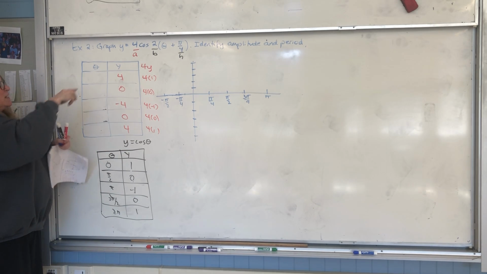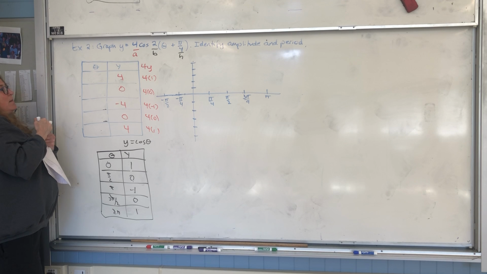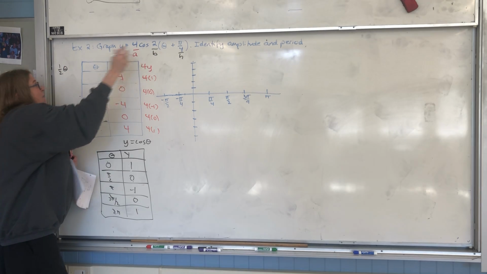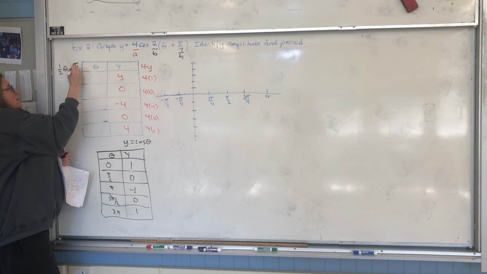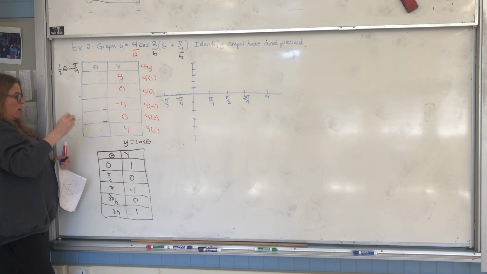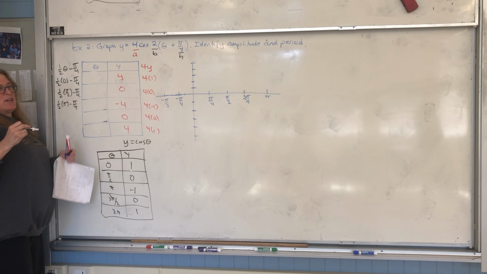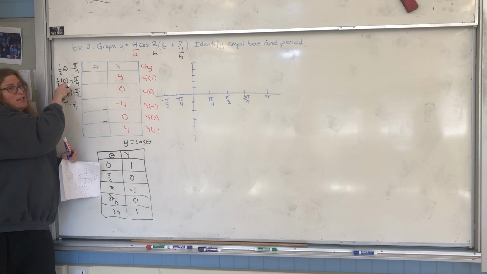Now this one's a little trickier. I've got to do B times the reciprocal of B, right? And then that's going to be minus pi over 4, right? So I'm going to take all of these and I may notice a pattern after. Let's see if we can just do the first 3 and see if we notice a pattern. So 1/2 times 0 is 0.